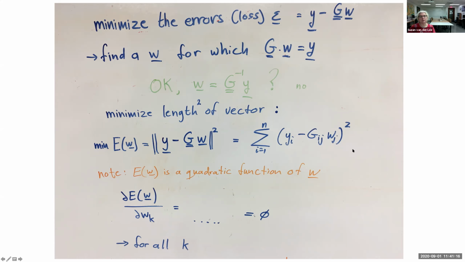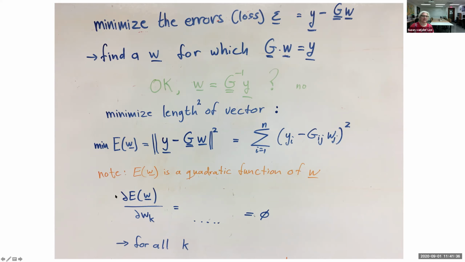And so as you have done many times for parabolas, you can find the minimum of a quadratic function by taking the derivative and figuring out for which W that derivative is equal to 0. So that's what we're going to do here. Well, we're not actually going to do it, but that is how you would do it.